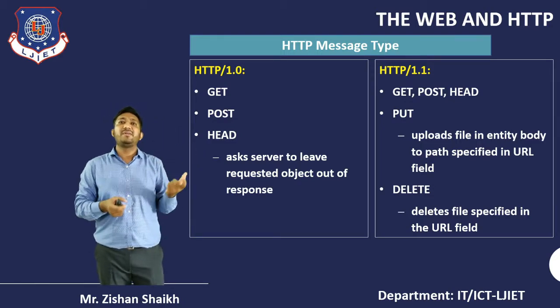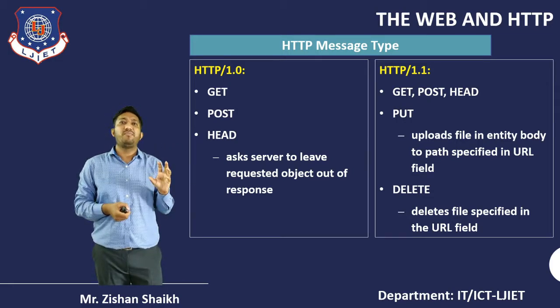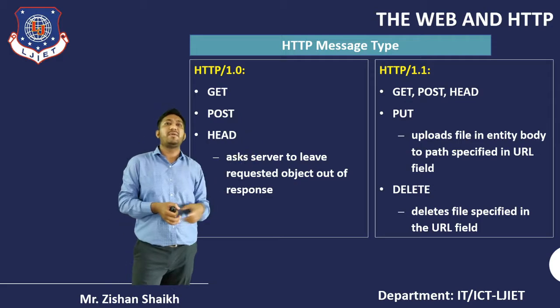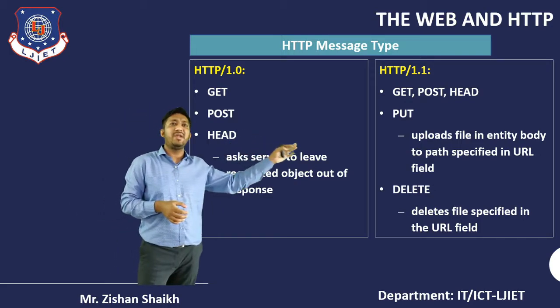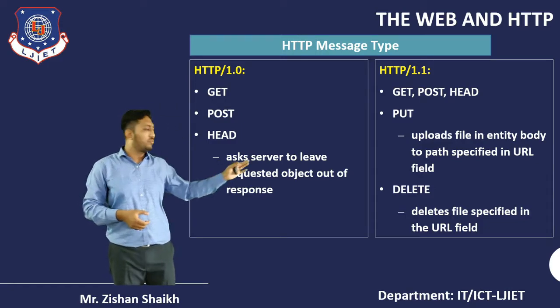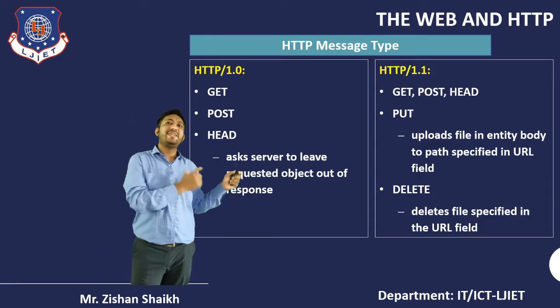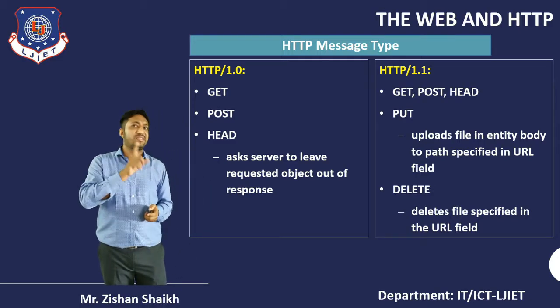We use the HEAD method when some information is put inside the head information. Then we use the PUT method if we want to upload some data. And if we want to delete a specific item, we use the DELETE method. This method is always written in our request line.